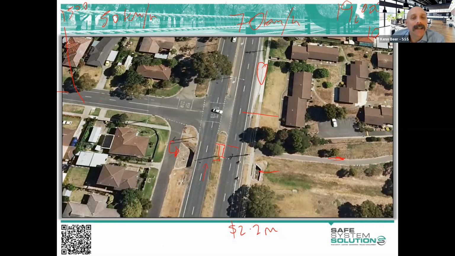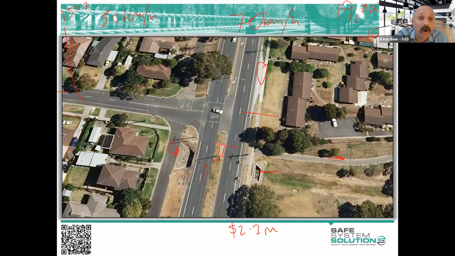Second one is that the community consultation has all been done, and there's been some political commitments here. Access in and out of this intersection in all directions must remain. So I know some of you are going, first principle there, actually it was the second principle, can we have less intersections?